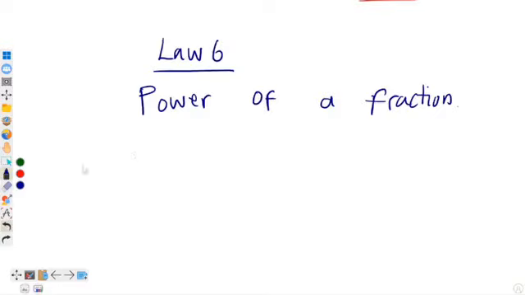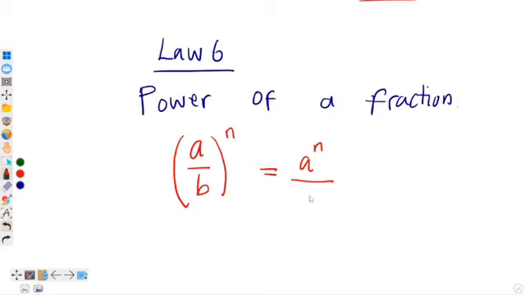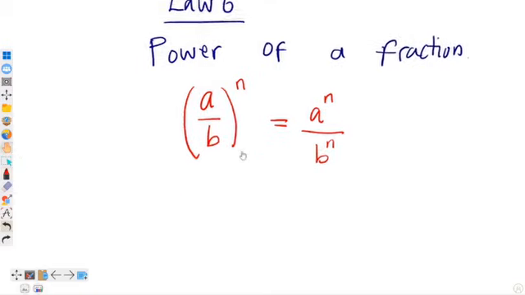If you have a and b as the bases, and the fraction a over b is raised to the power n, this means that this n is affecting a, so a power n over b power n. So n is affecting the numerator, it's also affecting the denominator. This is what we call power of a fraction.